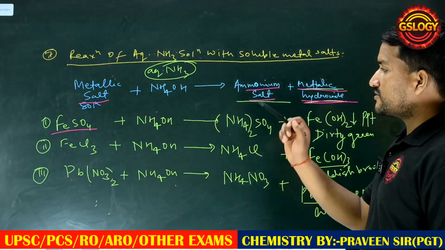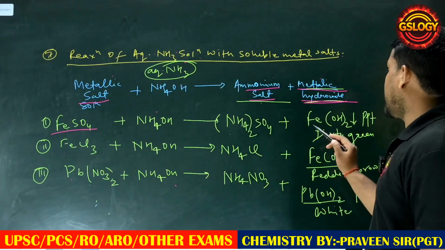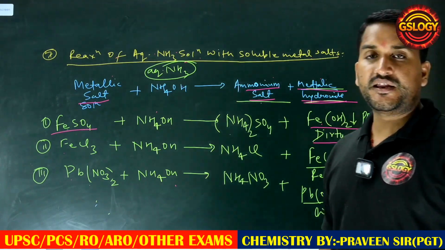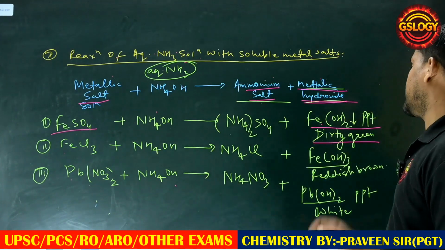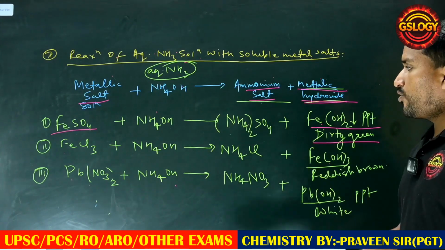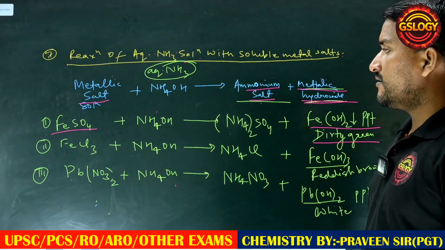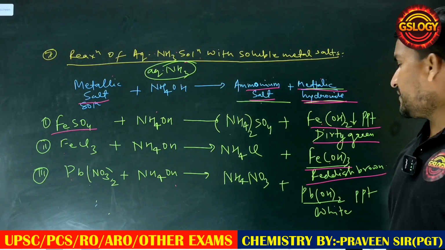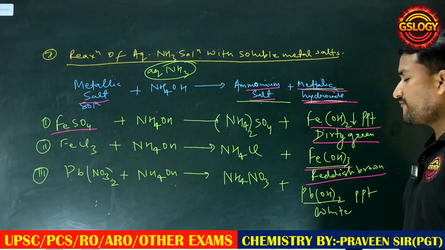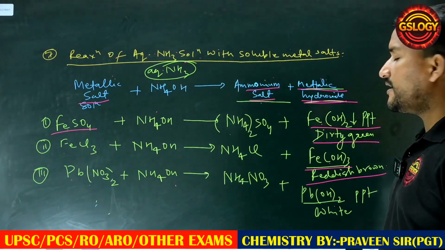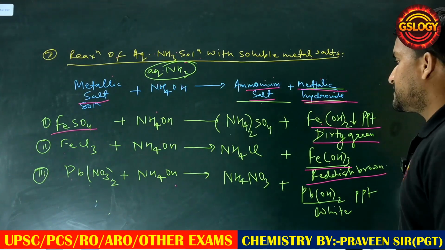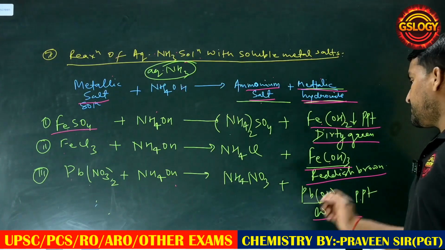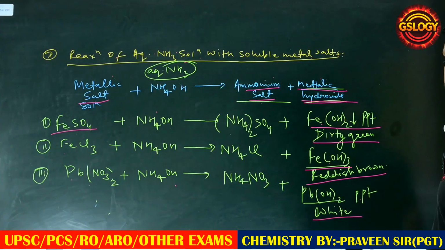Ammonium hydroxide with ferrous sulfate gives a dirty green precipitate of ferrous hydroxide. With ferric chloride, it gives a reddish brown precipitate of Fe(OH)3, ferric hydroxide. Similarly, lead nitrate gives a white precipitate of lead hydroxide.